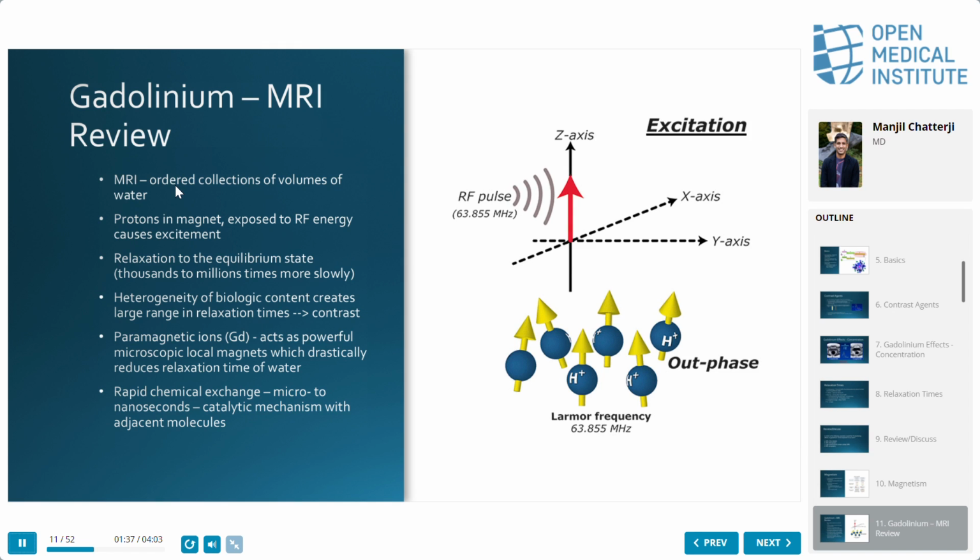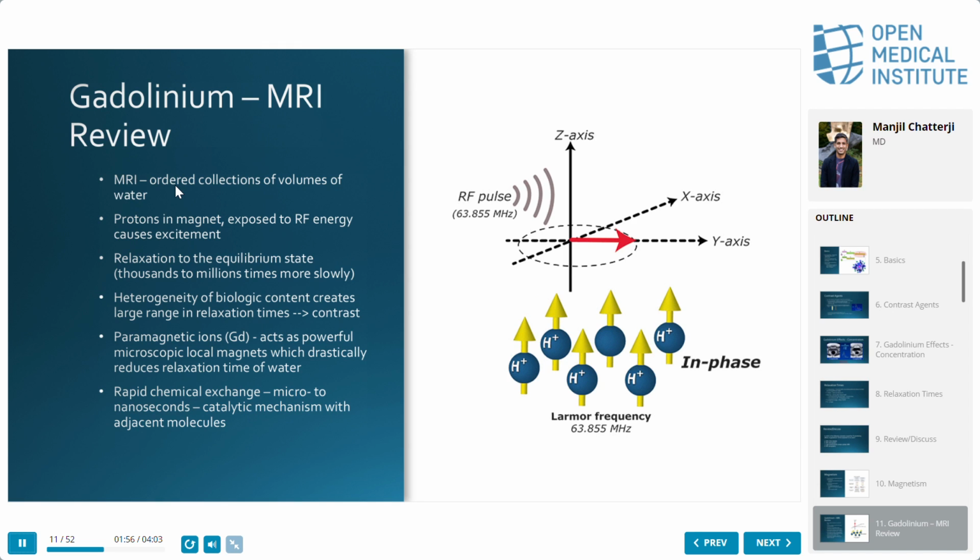You wait. The RF pulse turns off at some point, and then these protons start to come back into the z-axis. As that happens, you can measure how long it takes for each individual substance to go back.